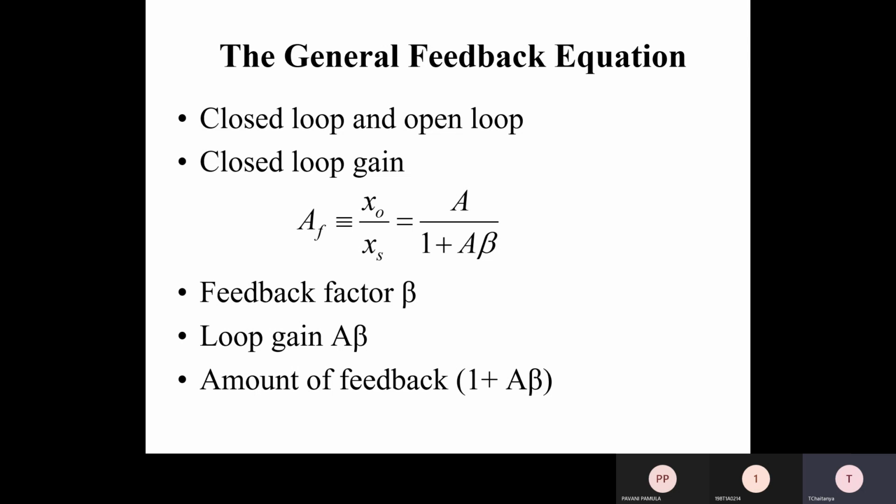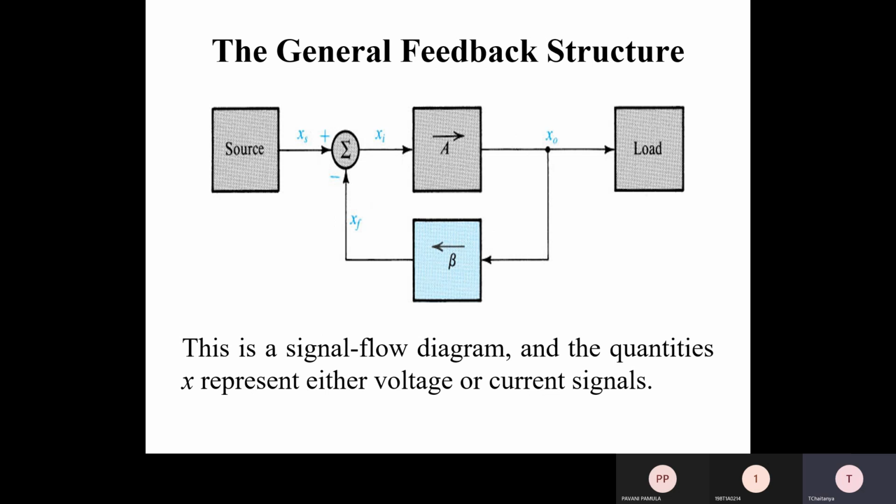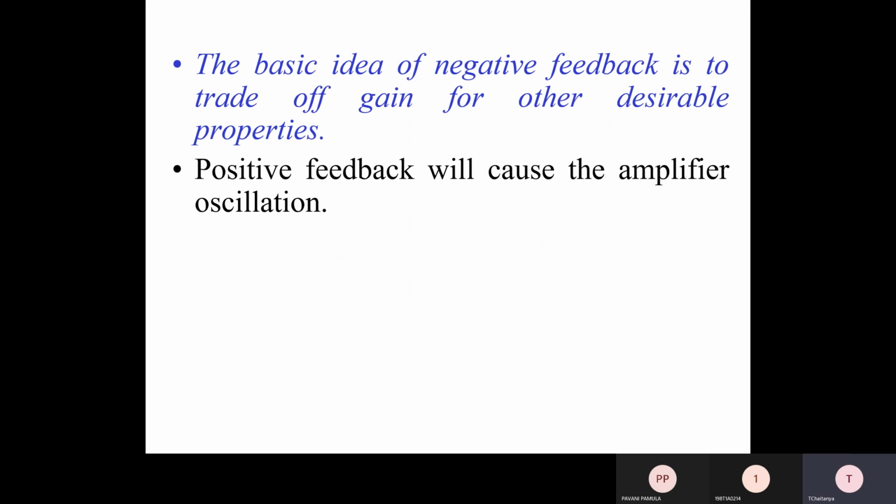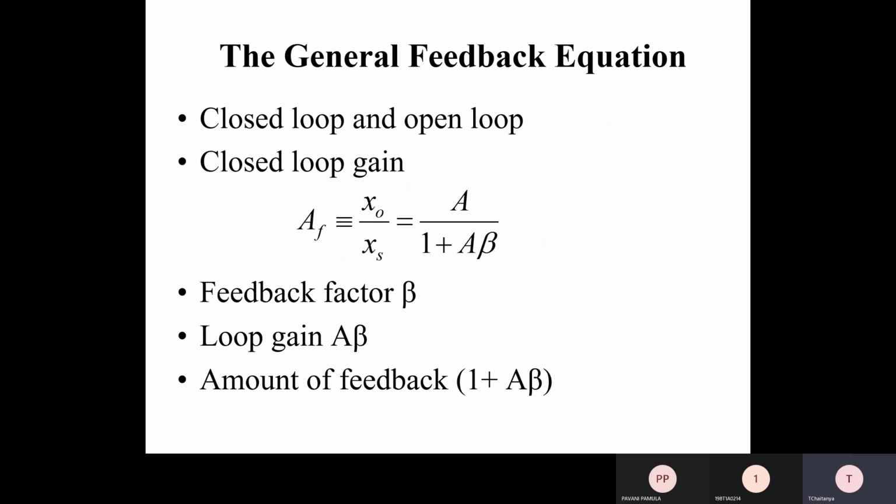The loop gain is A beta. Beta is the feedback factor. The amount of feedback will be 1 plus A beta. So here, A is the gain, A beta is the loop gain, and 1 plus A beta is the amount of feedback.